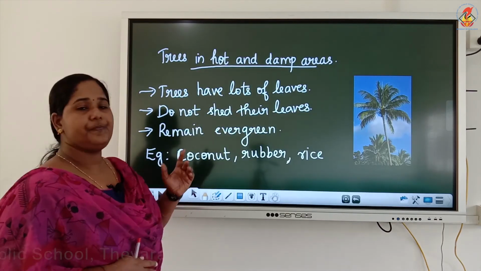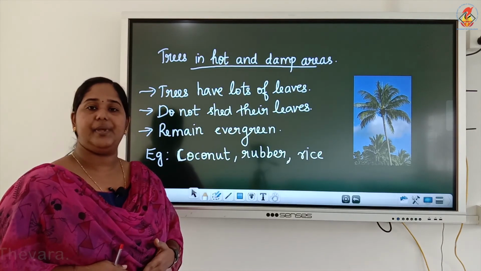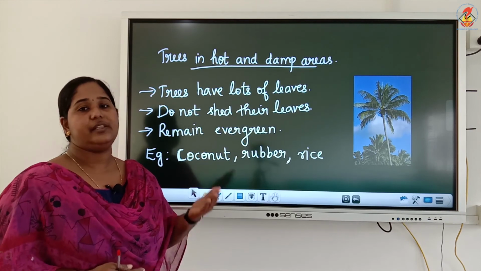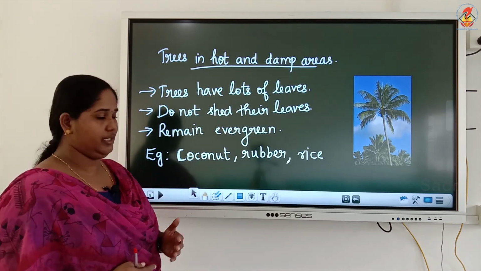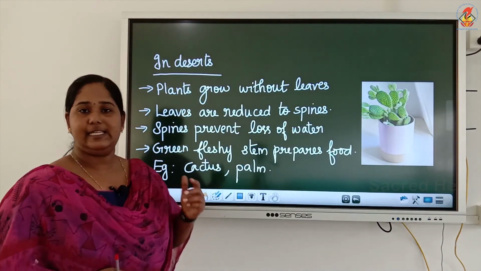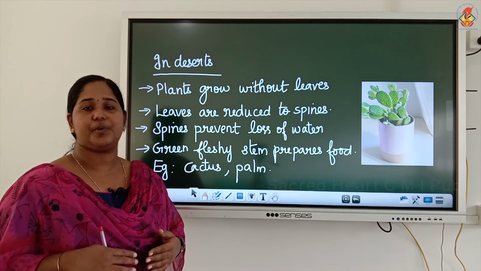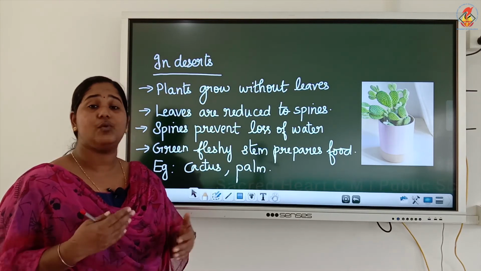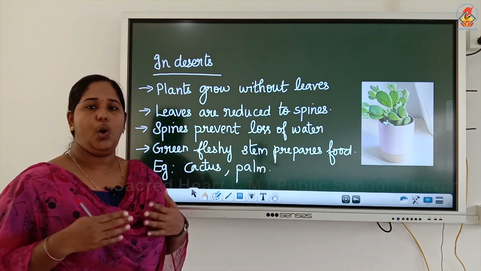Next is trees growing in hot and damp areas. They have lots of leaves. They do not shed their leaves; they remain evergreen, like coconut. Next is deserts, where leaves are reduced to spines to prevent the loss of water and to retain the water in the plant. And the green fleshy stem prepares food for the whole plant.